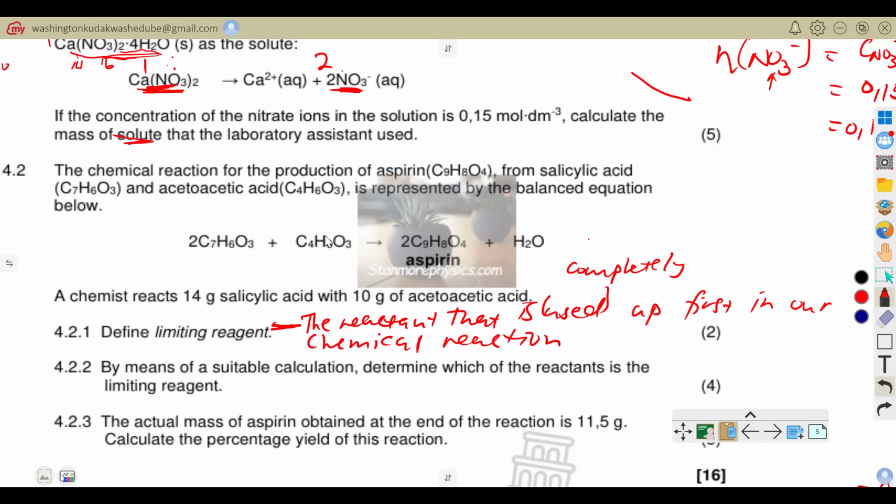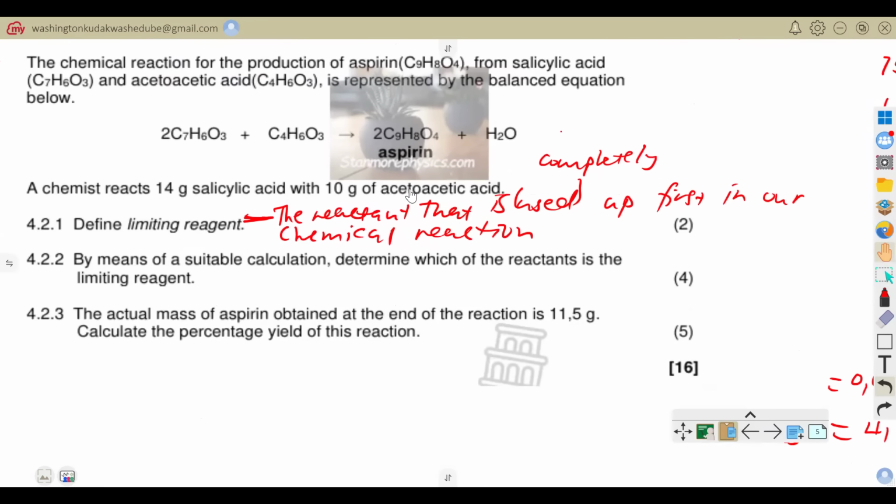That total amount of acetic acid that reacts, how much of our product is it giving us? When we find those quantities, we compare which one gives us the smallest amount of product. That becomes our limiting reactant. So let me create some space so that we can do that.